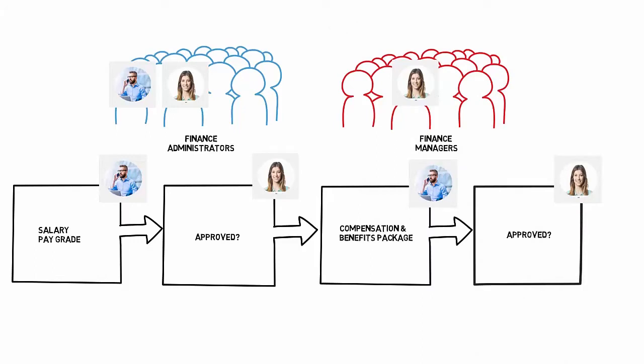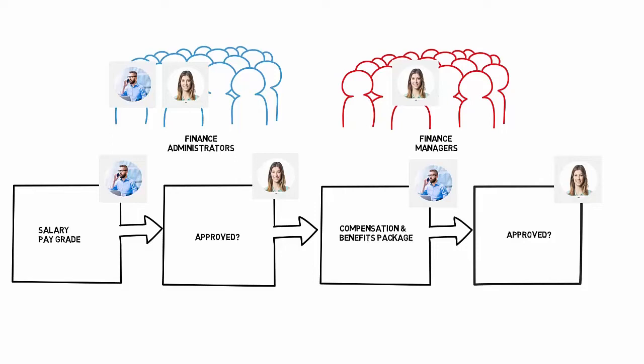Certain tasks within the process cannot be performed by the same person, even if they belong to the task recipient group. So, in an approval process, the person who defined the compensation package, here the finance administrator, is not the person who approves it, here the finance manager.